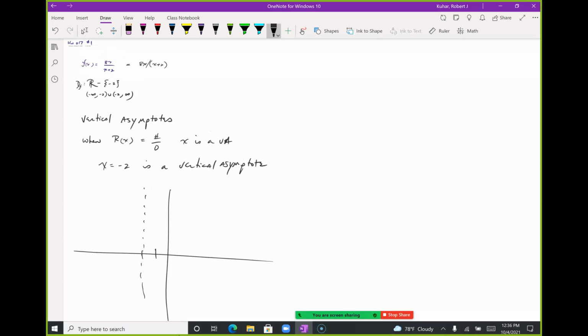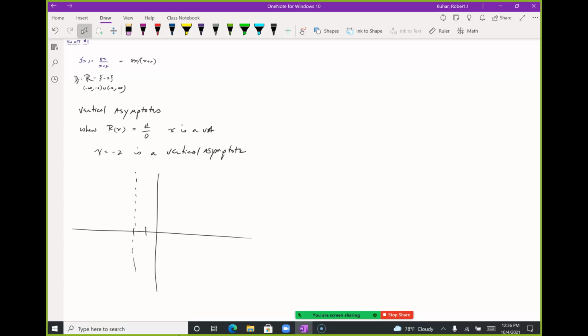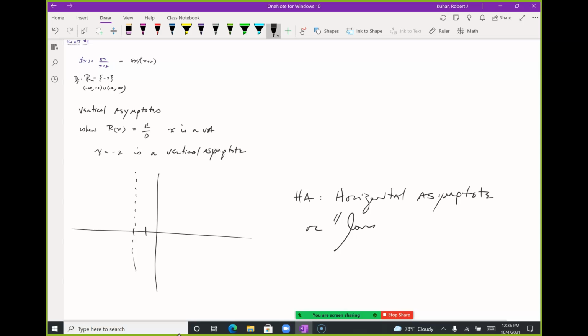I want to look at the horizontal asymptote or the long run behavior. We kind of remember that long run behavior as us becoming our parents, right?